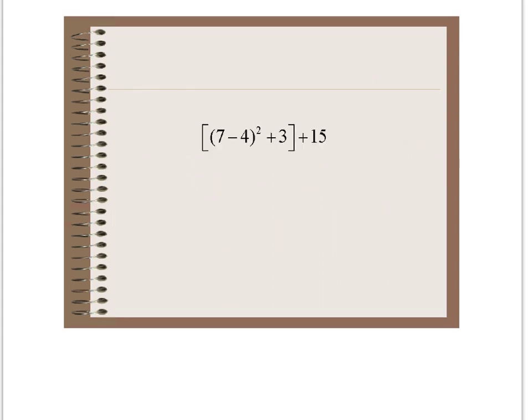Okay, so I've got 3 examples for you. Here's the first one. Remember, we've got PEMDAS, so first thing I'm checking for is parentheses. Remember, parentheses means grouping symbols. So if I look at this, I've got a big bracket right here.